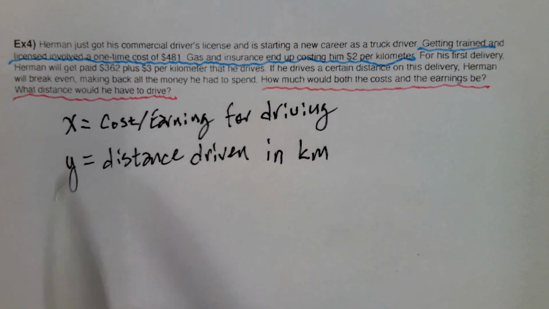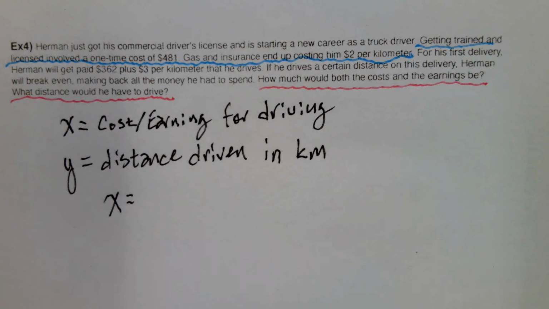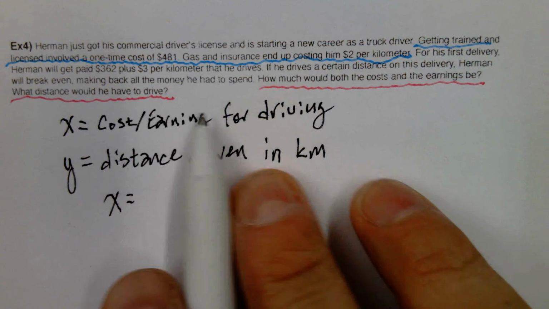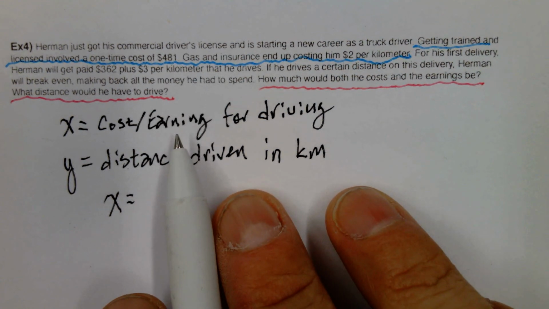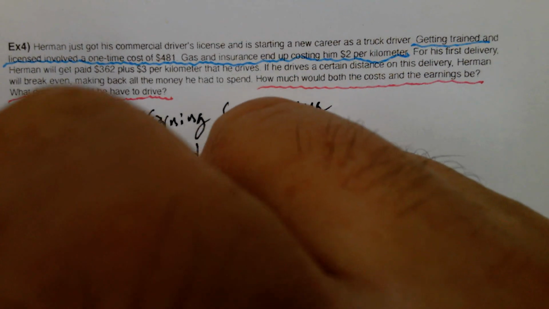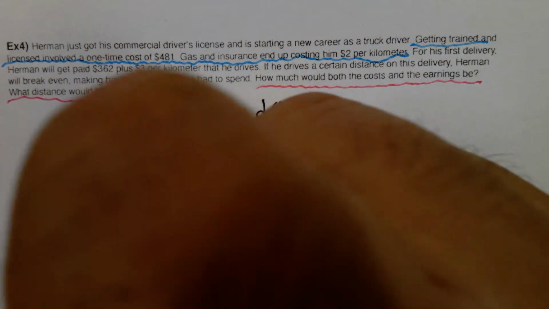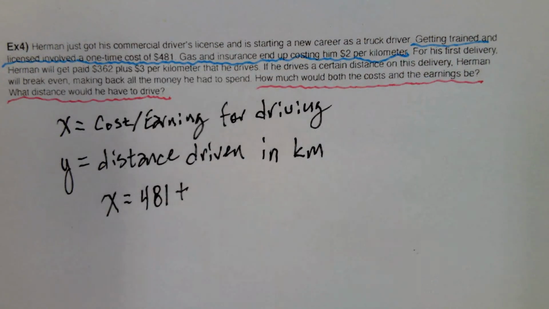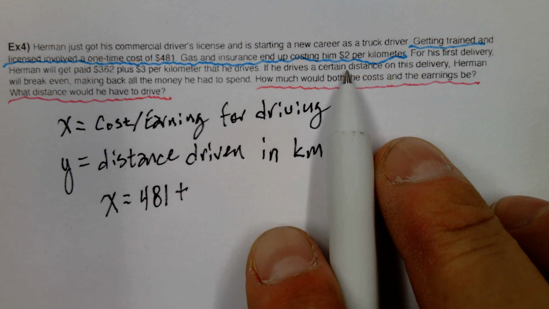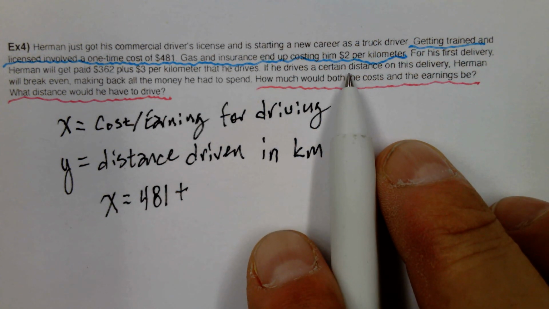Since it's cost, it's X. How much it cost him to get trained is X. And how much did he have to pay? $481. But that's not the only thing he paid for, right? We have to add on some more. He also had to pay for gas and insurance. And that's $2 per mile.